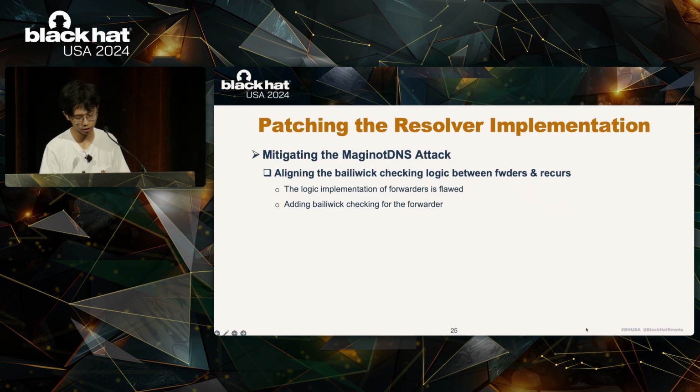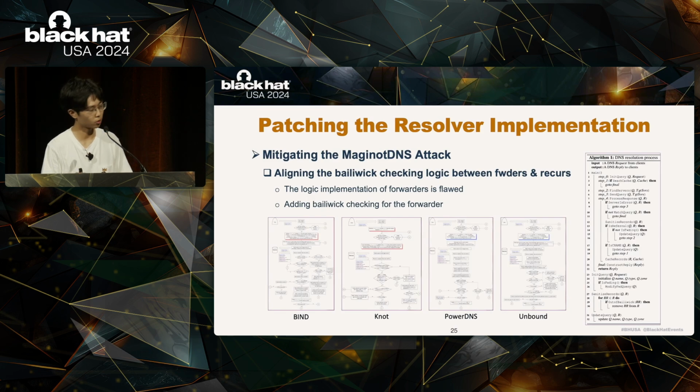To mitigate the MaginotDNS attack, developers should align the bailiwick tracking logic for both the forwarder and the recursive DNS server. This figure shows the vulnerable process logic in the DNS software.